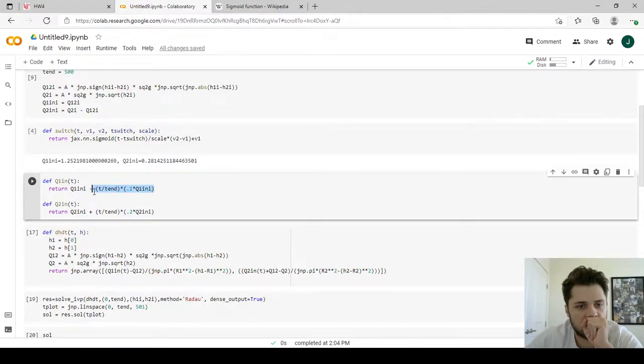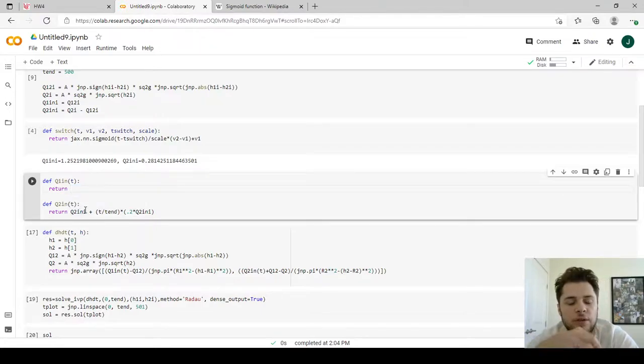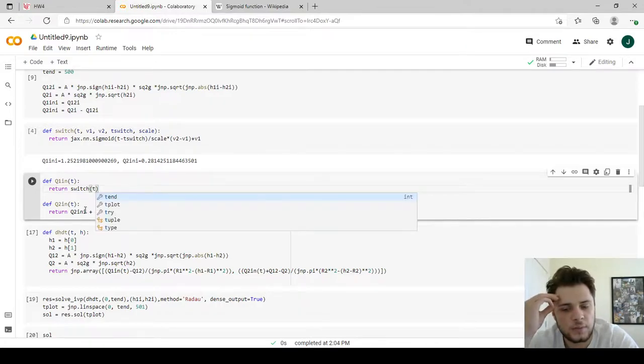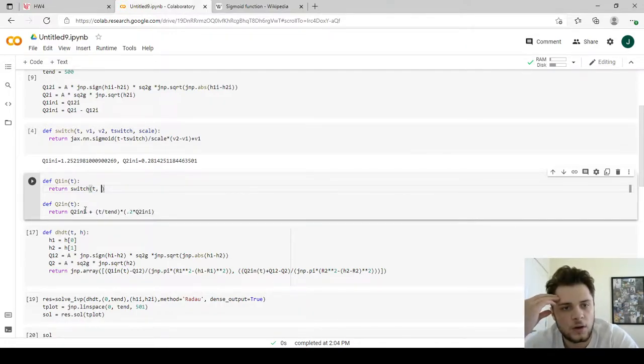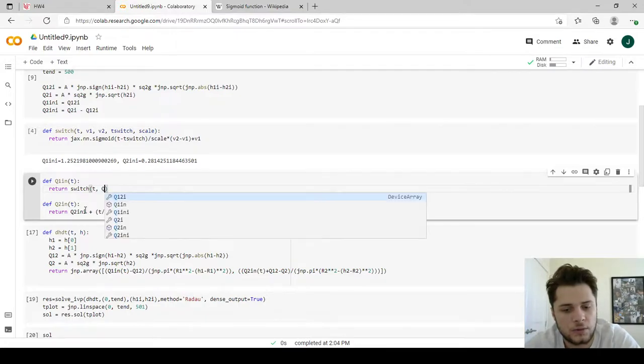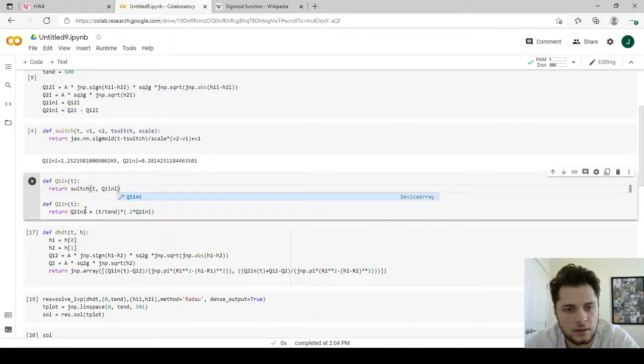Now that we have that, we can come back down to Q1n, and we want to return our switch function, and T is just going to be time. Our initial flow rate, so Q1ni.